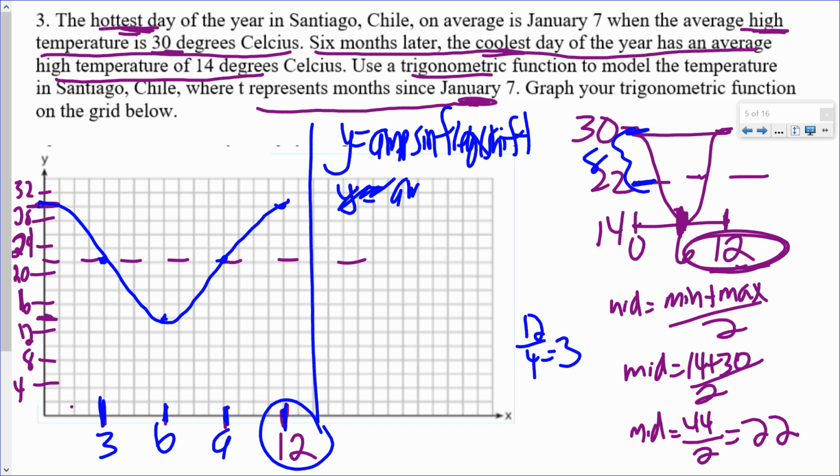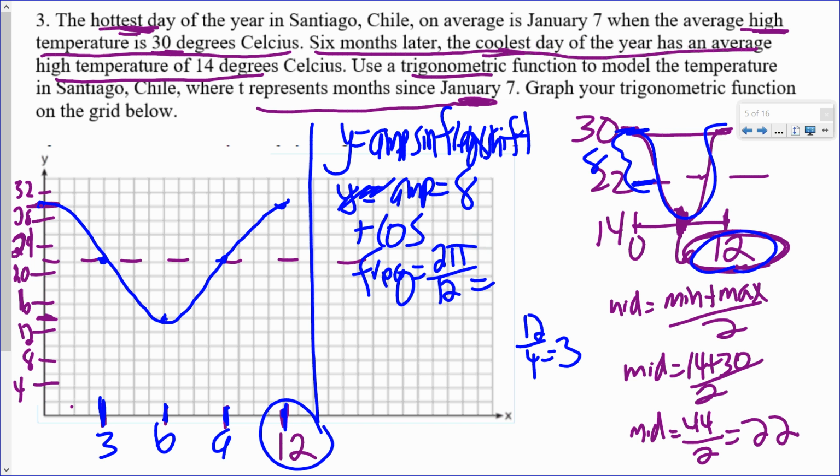So my amp is 8. It's a positive cosine, looking at what it looks like. Frequency is 2 pi over the period, which is 12. That reduces to pi over 6. My shift is my midline, which is 22.